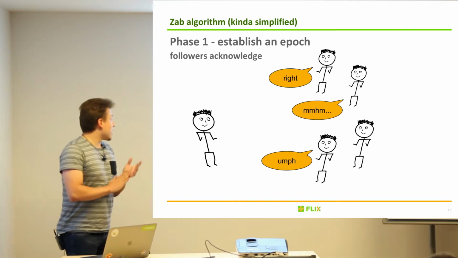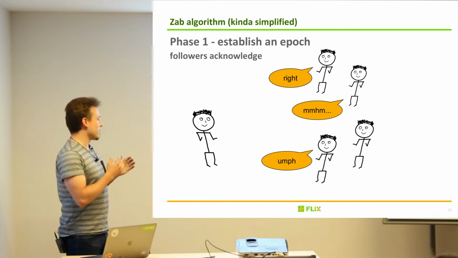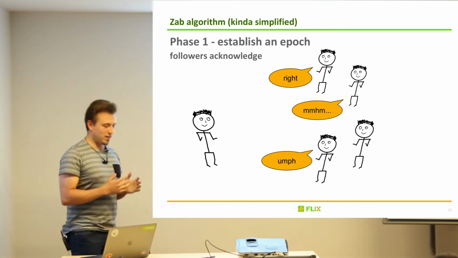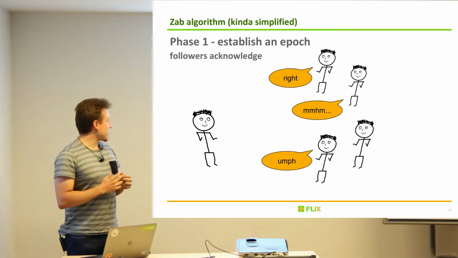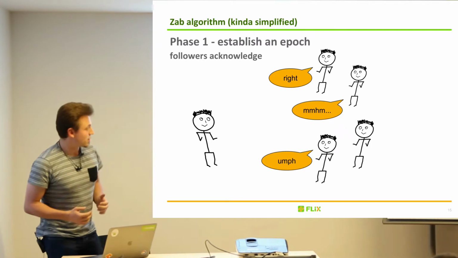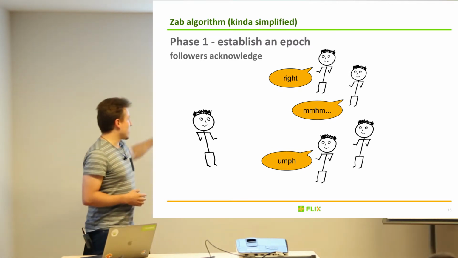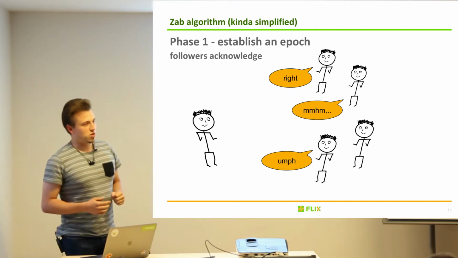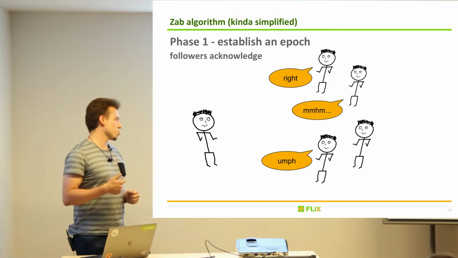Then the followers have to acknowledge that they are fine with this guy being a leader. Just for the record, not everyone needs to acknowledge. Once again, we are talking about a majority of the participants. And this guy is actually one of the majority. So he is not only a candidate for the leadership, but also a follower.